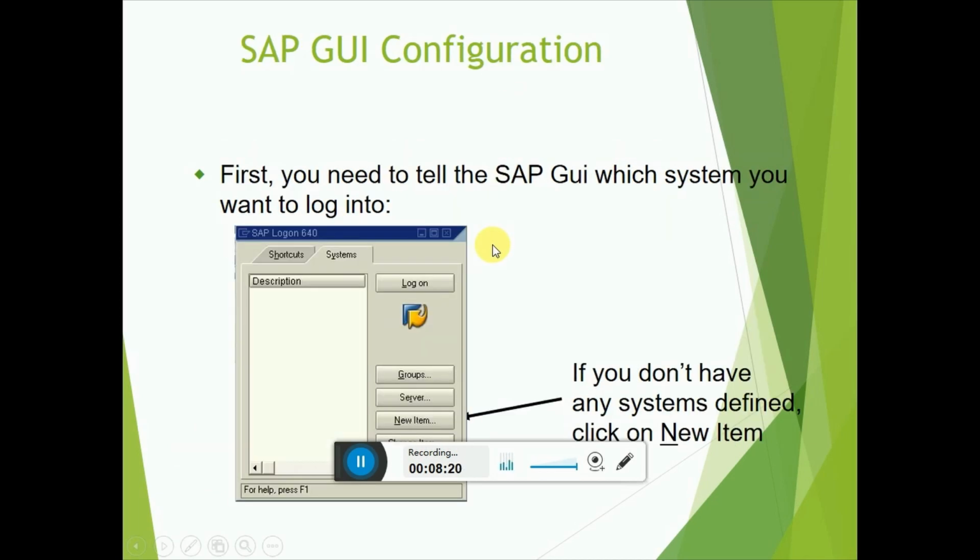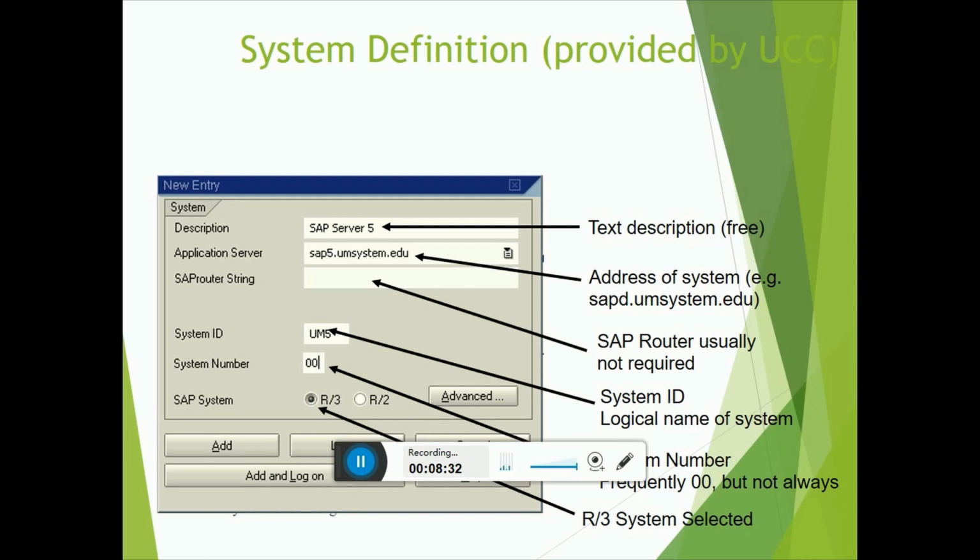So this is how SAP GUI looks. First of all, you need a configuration of the system which you want to log in to. If you don't have any, you can click on the new item button. This screen will show. You have to enter a description of your system and application server.